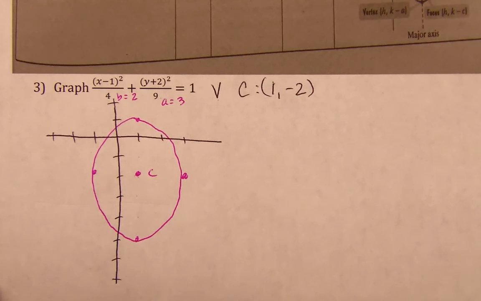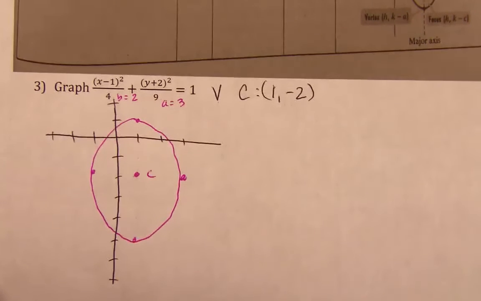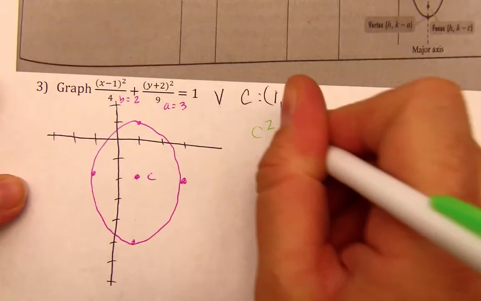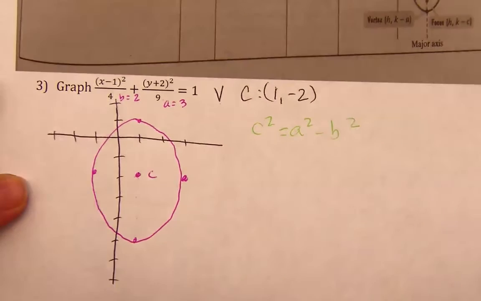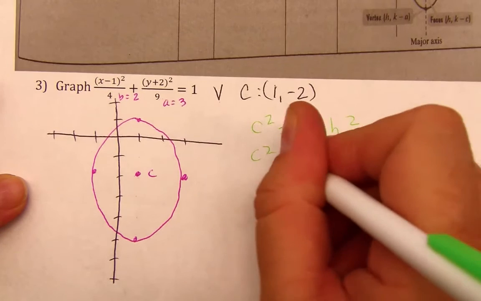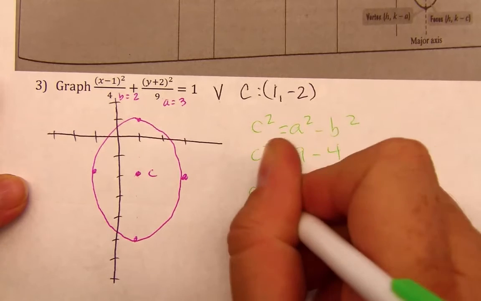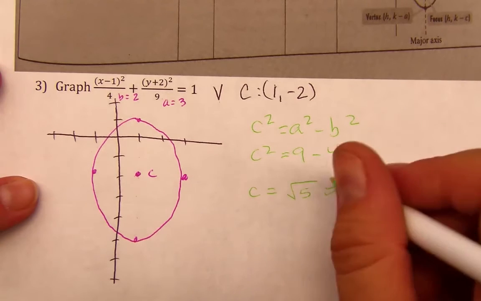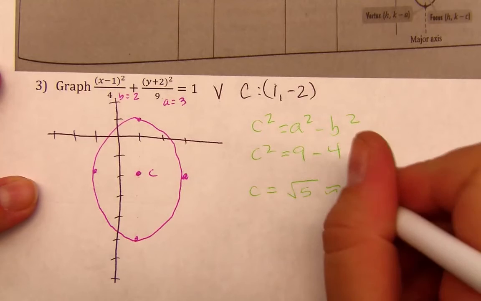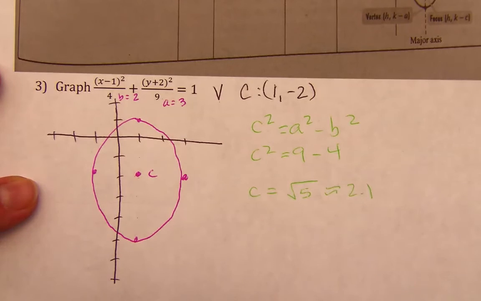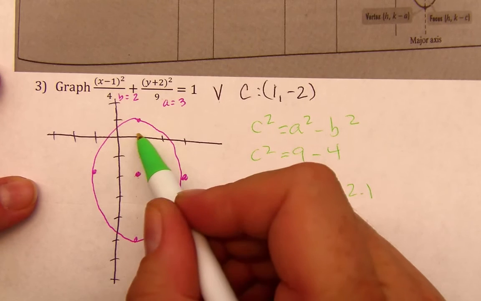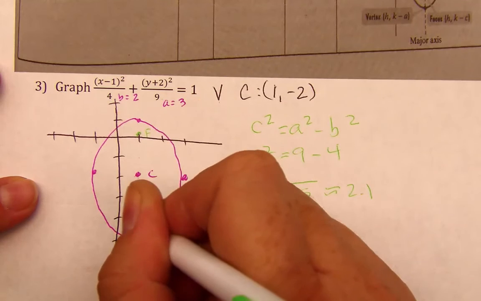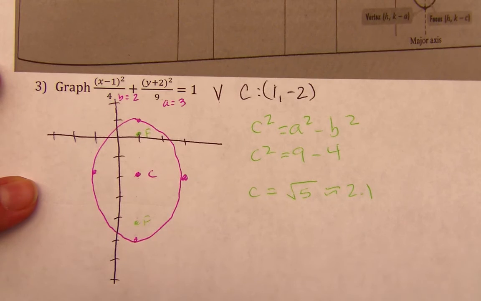And now I just need to find my foci. We know that c squared equals a squared minus b squared. So c squared equals 9 minus 4. c equals the square root of 5, which is about 2.1. So I'm going to go out 2.1, and that'll give me my focus, and about 2.1 the other way, and that'll give me my other focus.